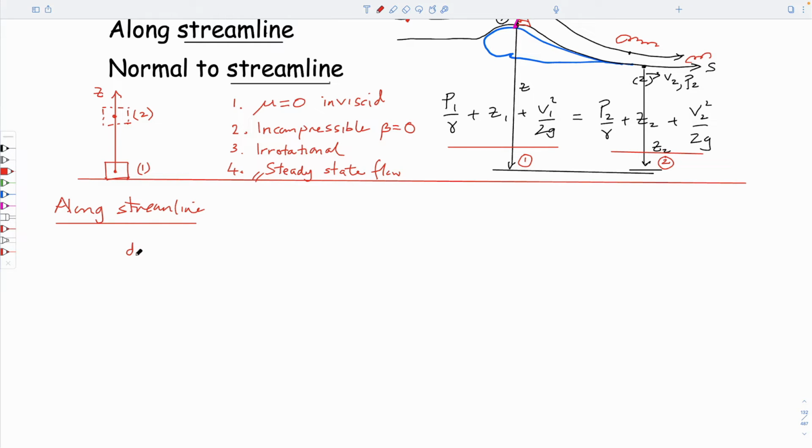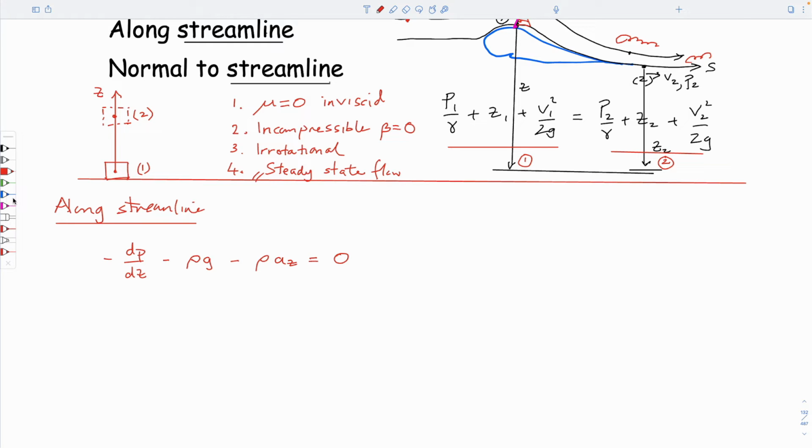Our static equation is dp/dz, which I'm going to write in the minus direction, minus density times g, minus density times az, is equal to 0. This is the expression that we started with last time that we'd already derived. This is usually on the right-hand side; I've just subtracted it off and made it equal to 0.